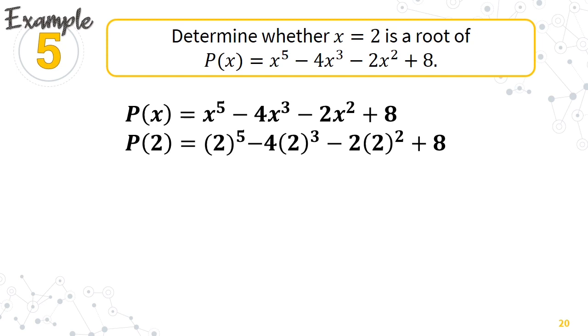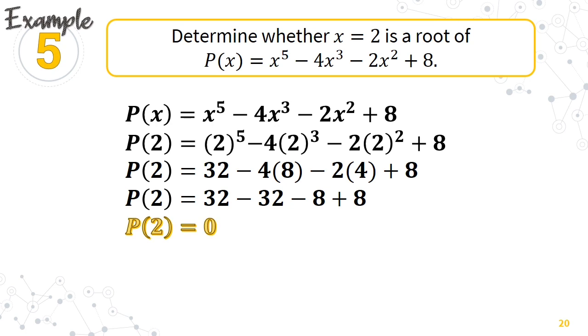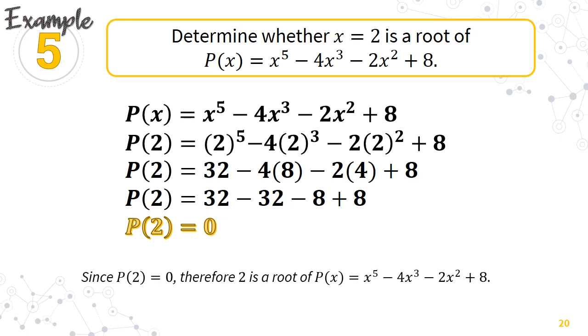P of 2 is equal to 32 minus 4 times 8 minus 2 times 4 plus 8, which gives us 32 minus 32 minus 8 plus 8. Therefore, p of 2 is equal to 0. And since p of 2 equals 0, we may say that 2 is a root of p of x.